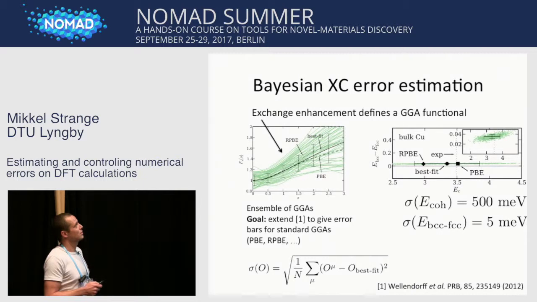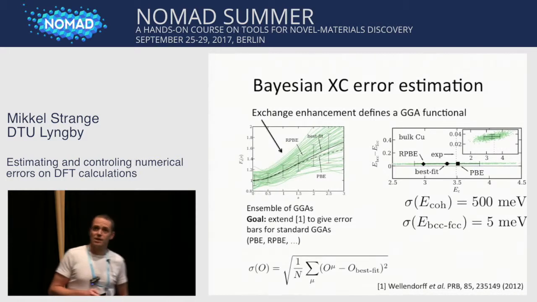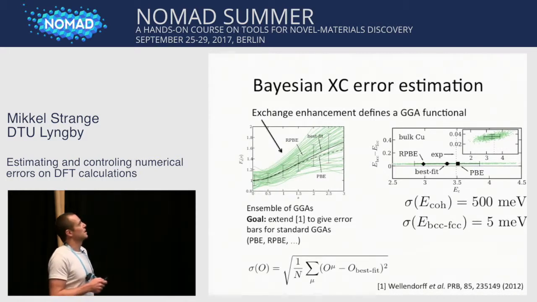This is the green curve, which defines the DFT functional. You can see one curve here is PBE and one is RPBE, and then there's this ensemble of curves here. The width is chosen so that when you do a calculation, you can get error bars on your observables.